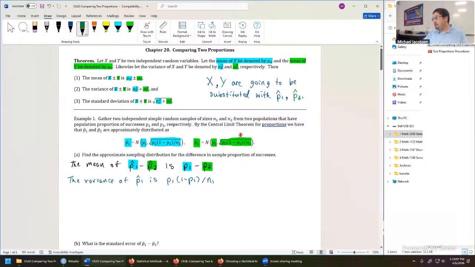And likewise, same exact thing for the second statistic, p hat 2. The variance for p hat 2 is: squaring this peels off the square root, so we just get P2 times 1 minus P2 divided by sample size n2.